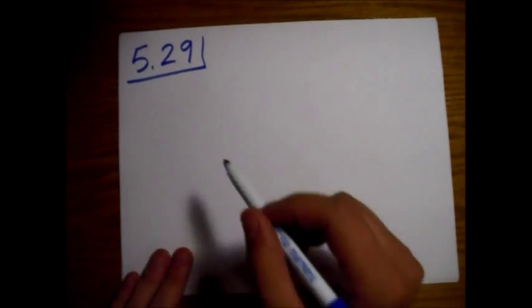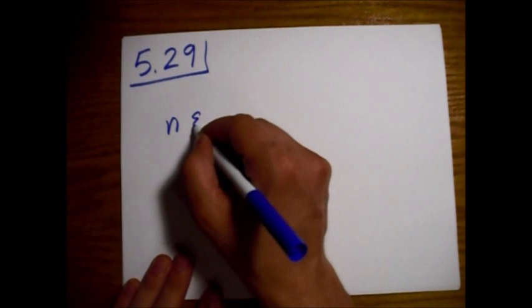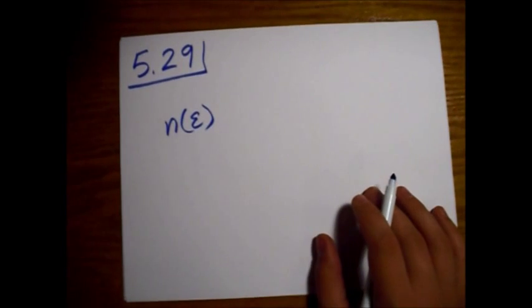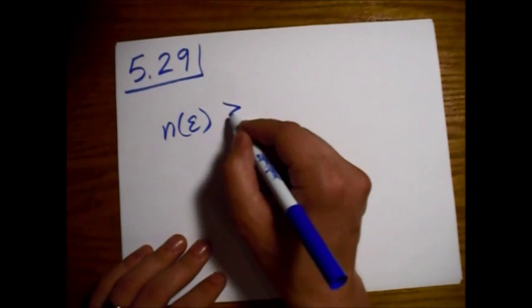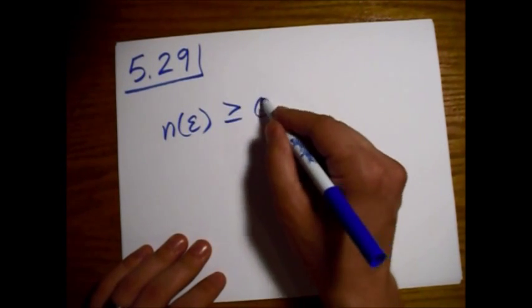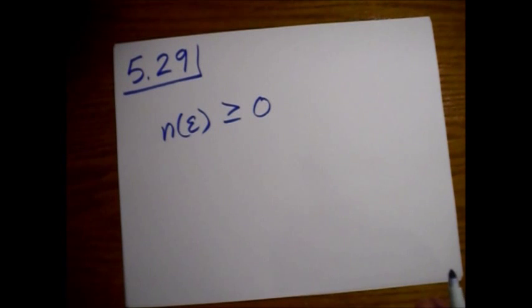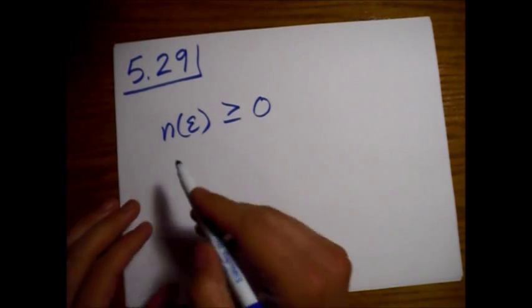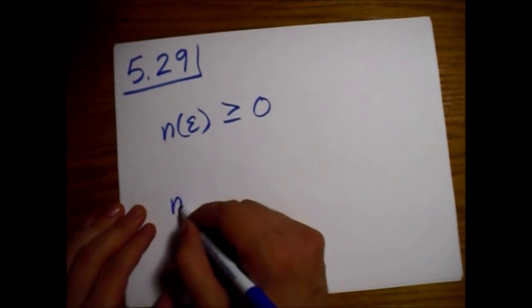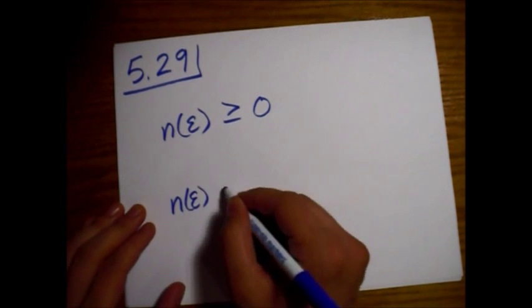A big fat hint that he gives us is that this number density, if I'm using the right term, cannot be negative. So it's always greater than or equal to 0. Let's just look at this.